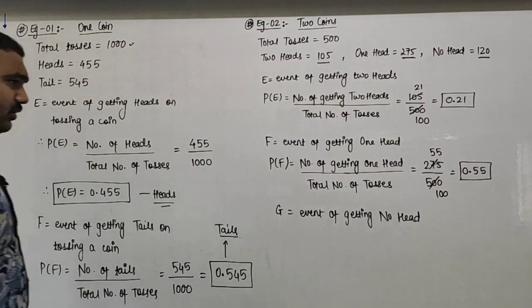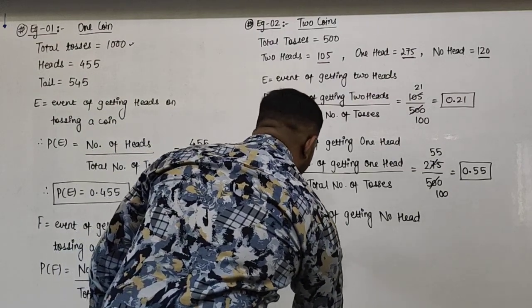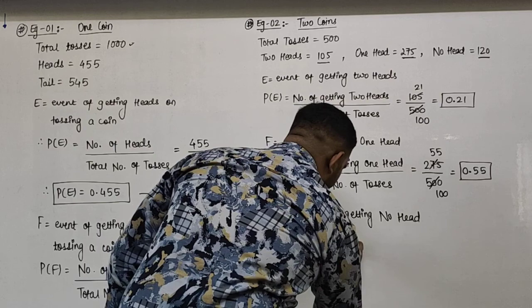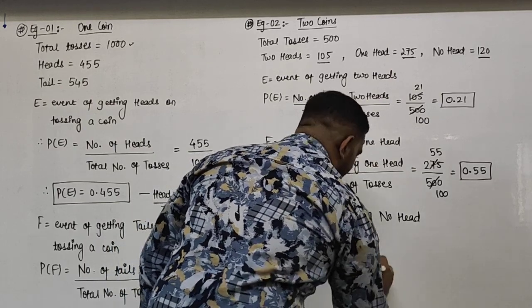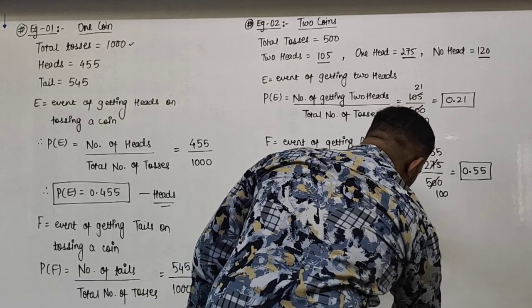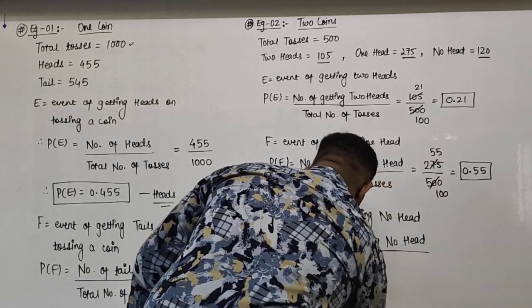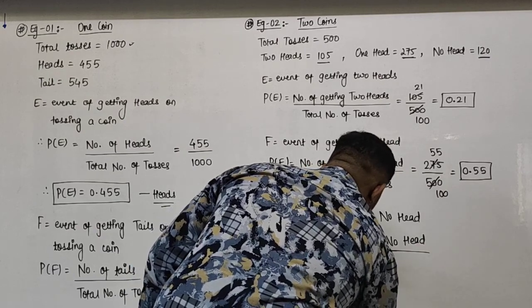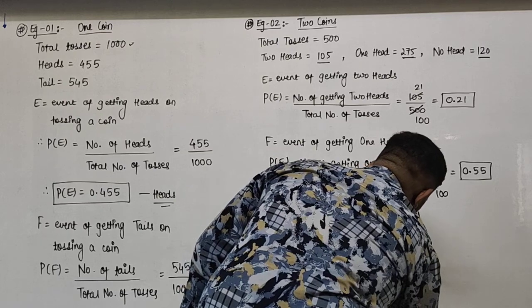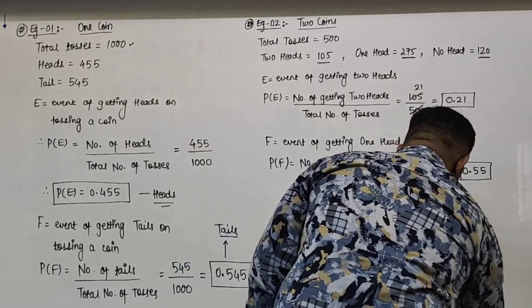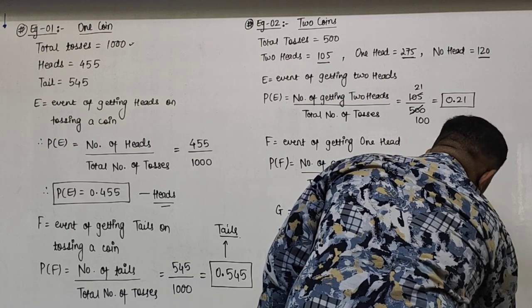The probability of this event G is the number of getting no head divided by the total number of tosses, that is equal to 120 divided by 500.